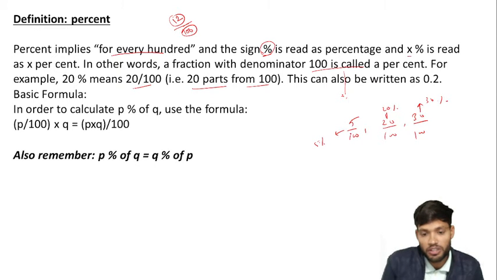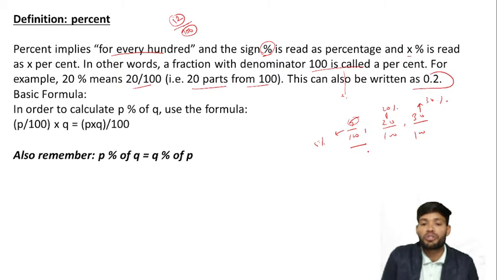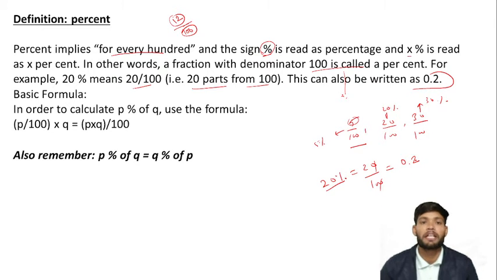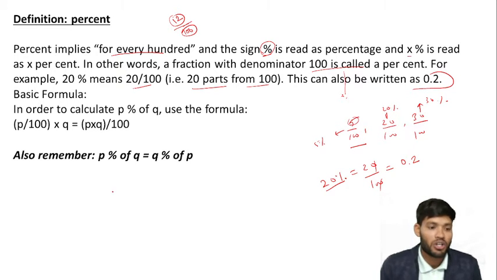How can we write 20%? 20 by 100, cancel out 0, and we can write it as 0.2. That means 20% is equal to 0.2 or 20 by 100.